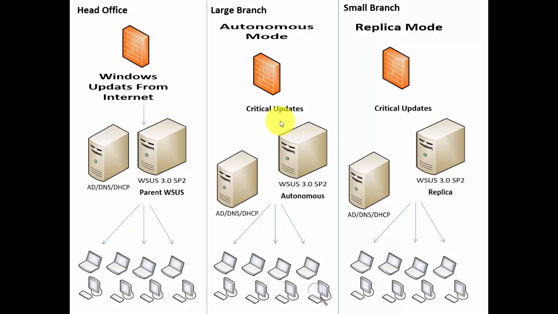So you mean the parent WSUS server must know which server is doing what in the downstream servers. Okay. Yeah. It can download directly from the internet instead of connecting through the WAN to the parent WSUS.